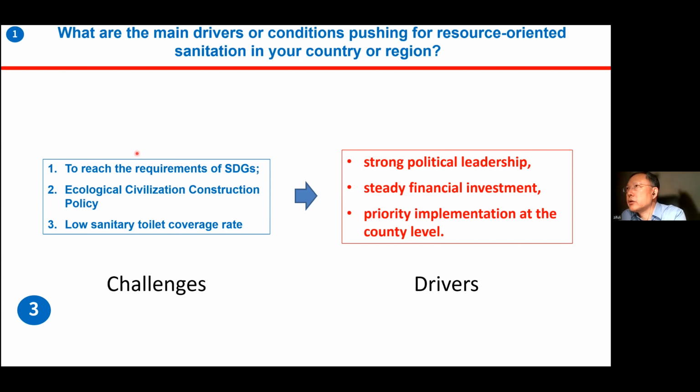Yeah, this RMB was invested in rural toilet renovation, all these retrofitting programs, including some rural wastewater treatment system construction. So this is also a big amount of investment actually.